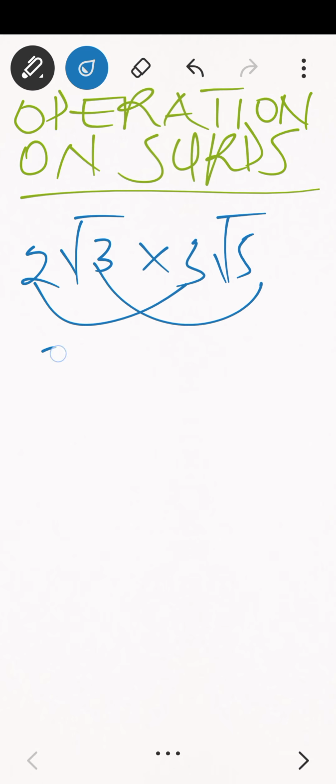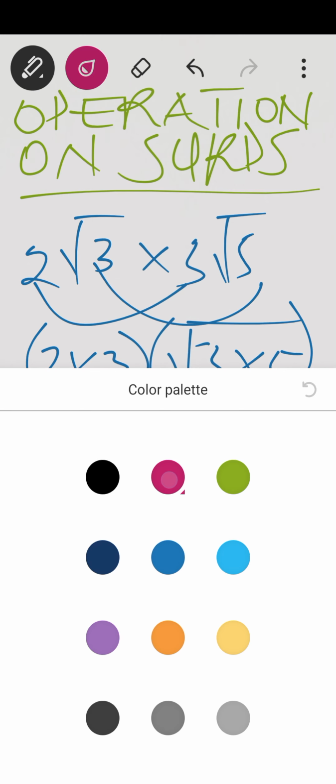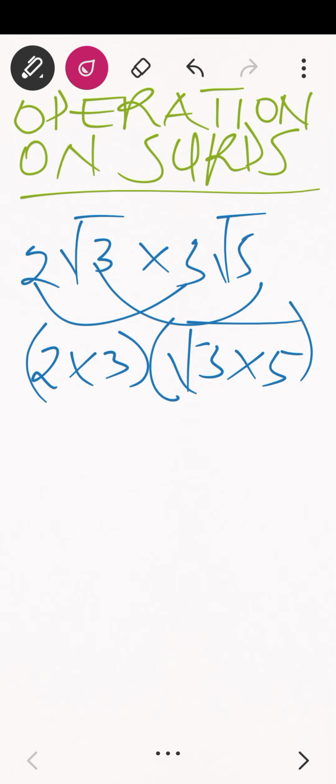So we will have 2 multiplying 3, and the product of the surds will be root 3 multiplying root 5. So the outside product or the coefficients are going to be 6, 2 by 3, and this will give us root 15.